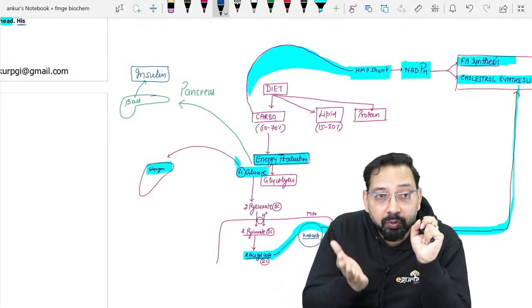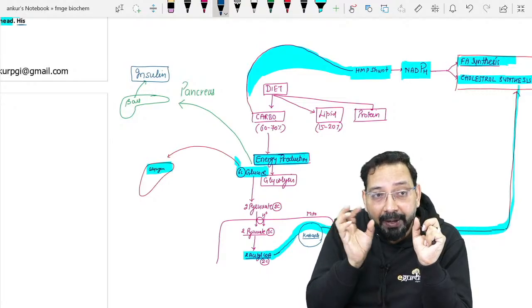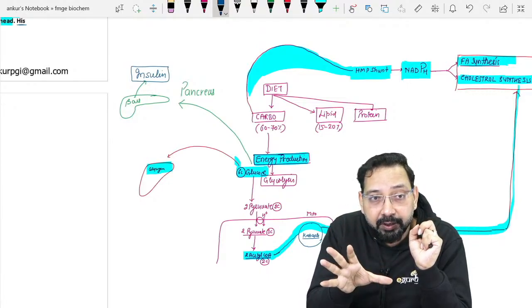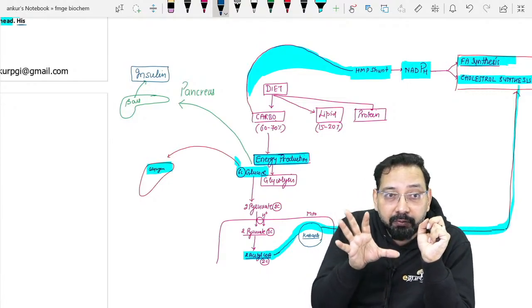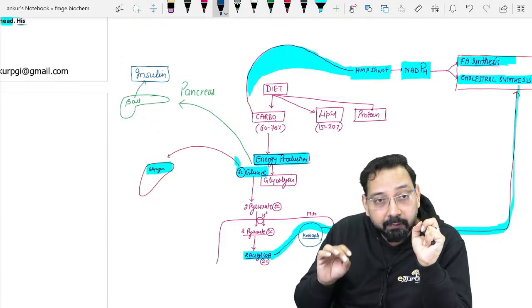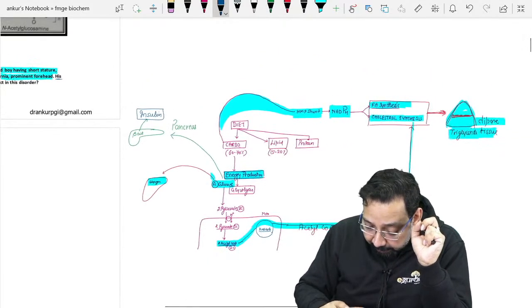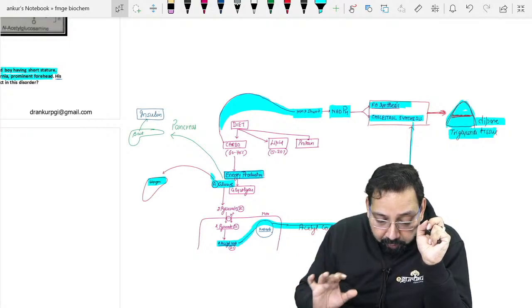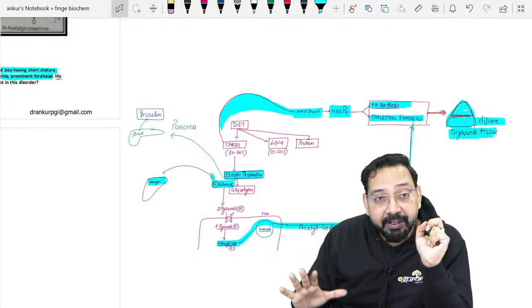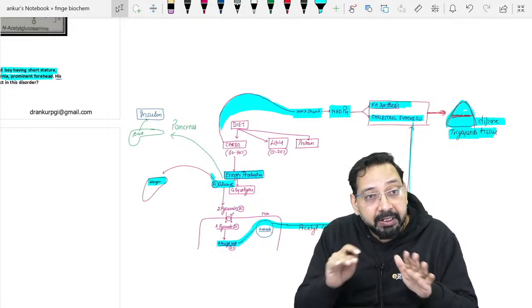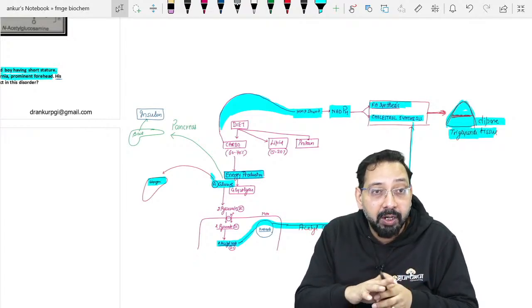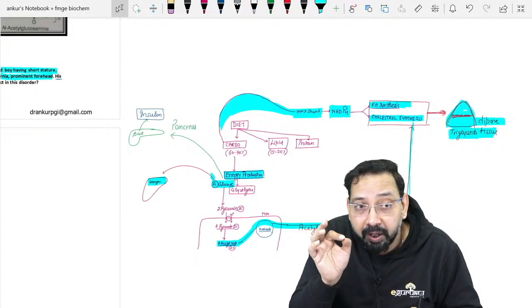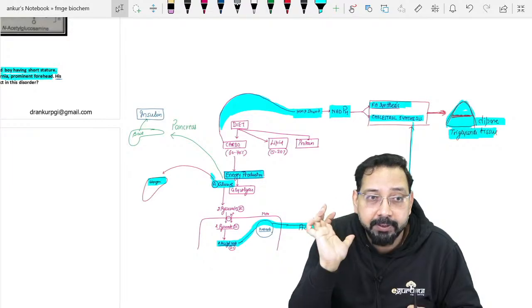Whenever blood glucose concentration increases, the pancreatic beta cell releases insulin, and insulin wants whatever pathways I have discussed till now to be activated so that we can clear the blood glucose. Otherwise blood glucose would be high, and that would be diabetes.